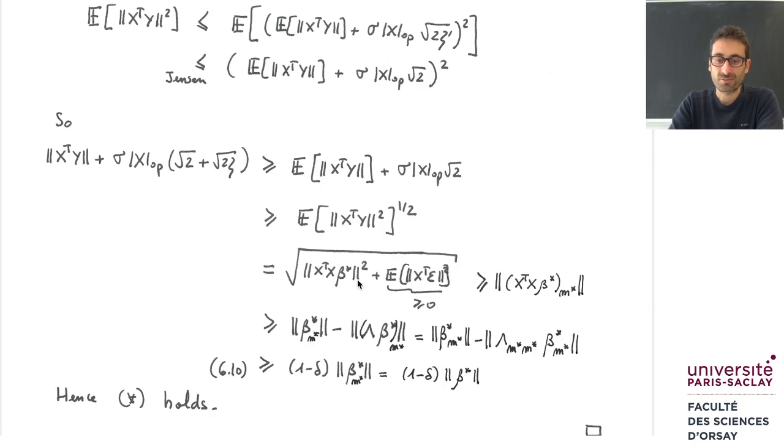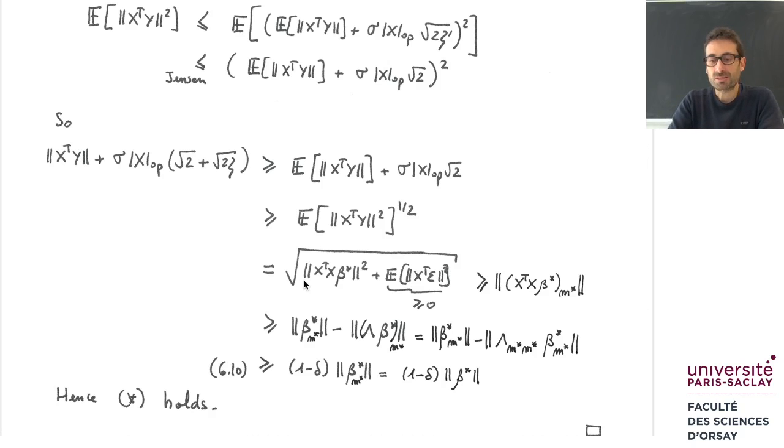So the expectation of x transpose y is x transpose x beta star. And you have the variance term, which is non-negative, so we will forget it. Simply, we will lower bound this quantity by the norm of x transpose x beta star.